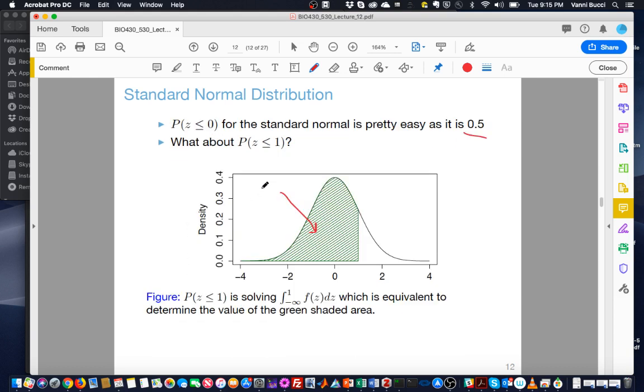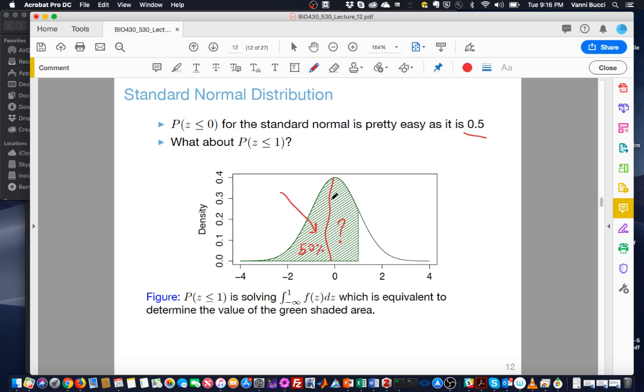Of course, we don't know how much this is. We know that this part is 50%, but we don't know the rest. So either you have a computer and you can integrate, or you can do this in R, and R gives you the exact value.